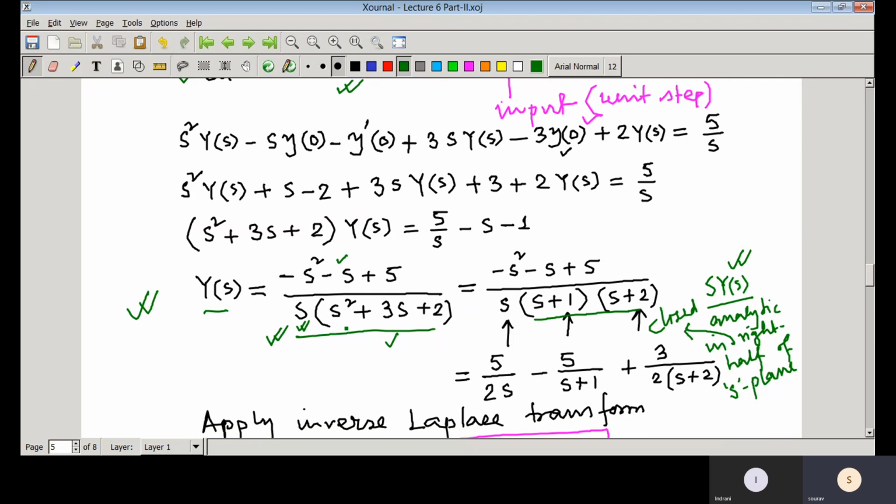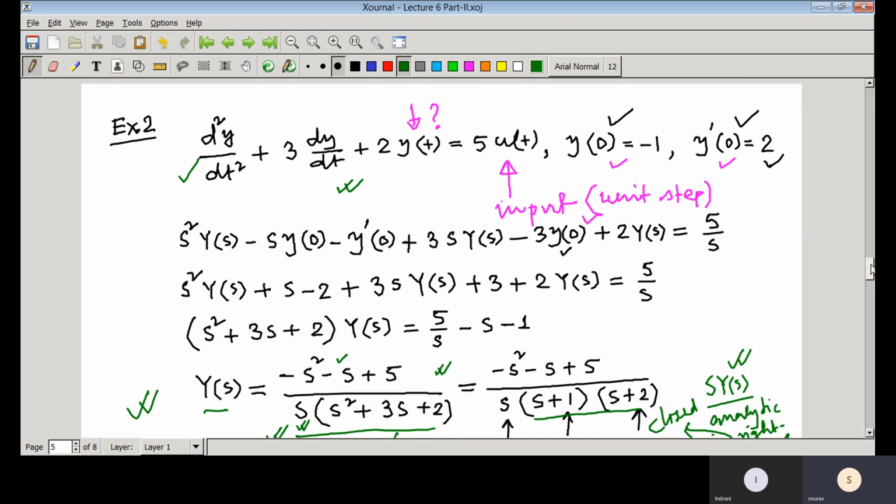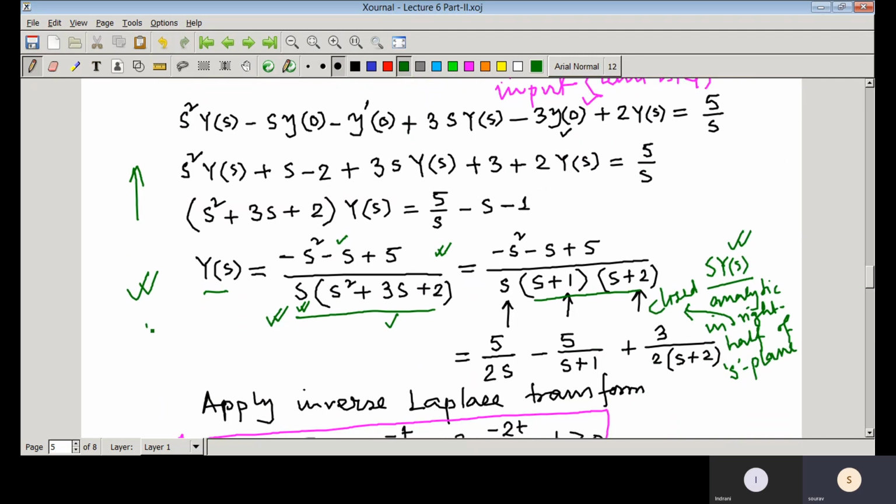That thing we'll be discussing in next class. So basically, whenever this particular rational function is given, this rational function actually corresponds to this differential equation. So that means either you can go in that direction or you can go along that direction.